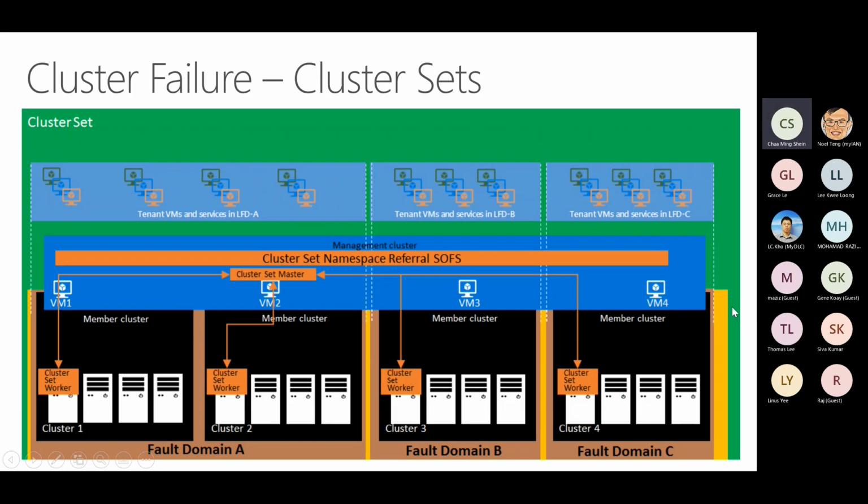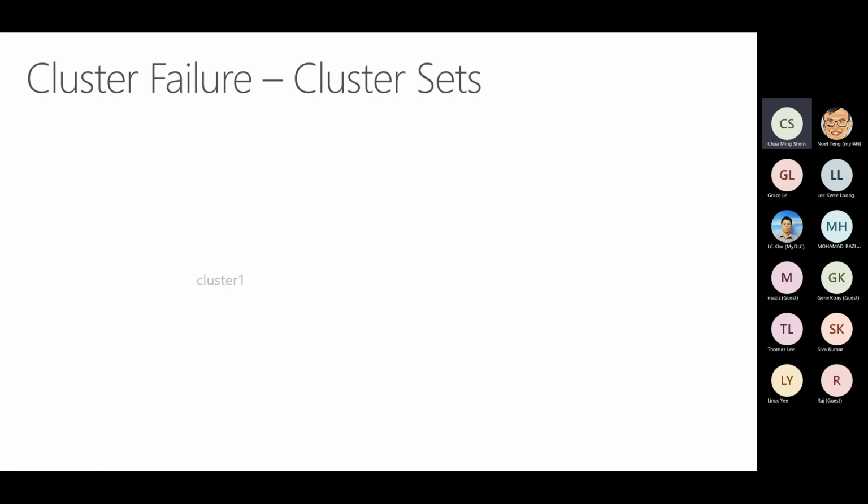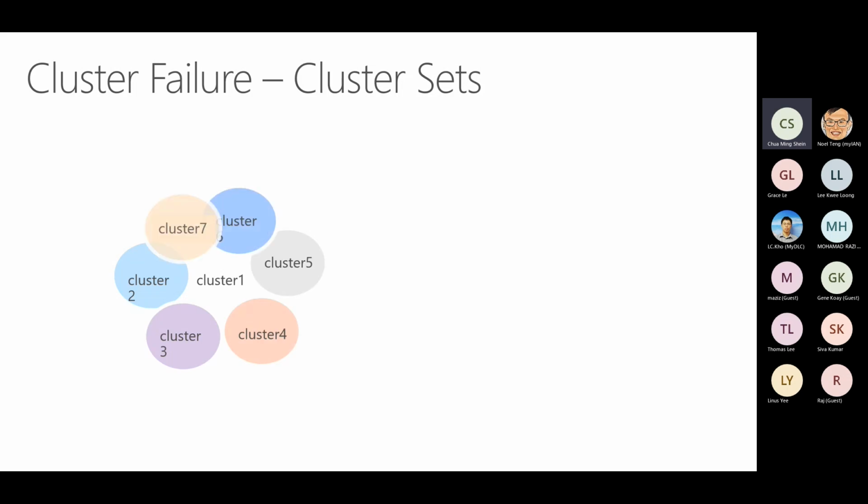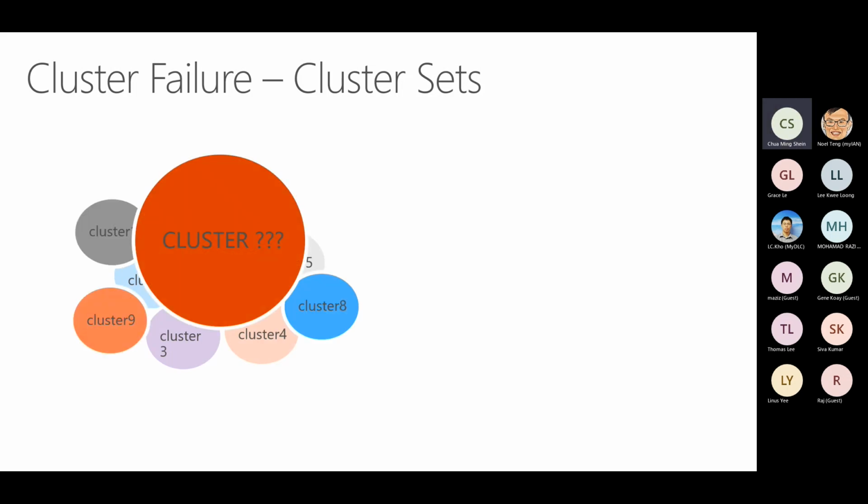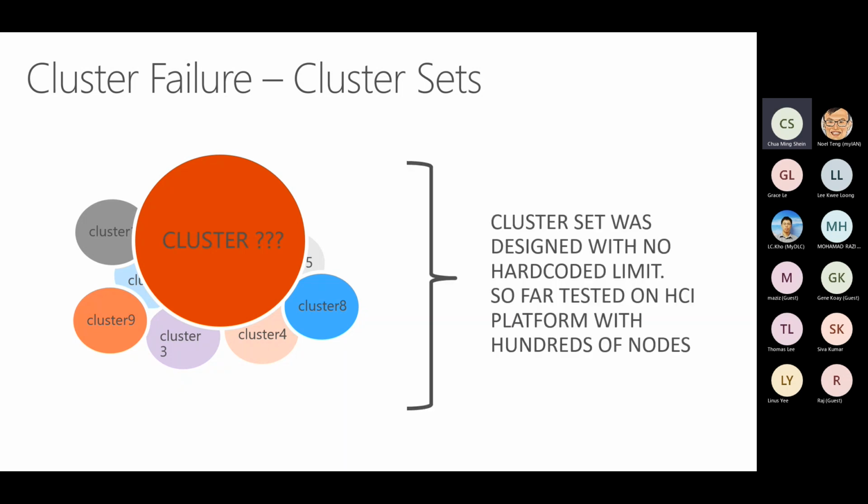So this is the concept of cluster set. I have 1 cluster, then 2 clusters, 3 clusters, combining a lot of clusters. As for how many clusters we can combine together, Microsoft didn't set a limit, but so far they tested on the HCI platform with 100 nodes, no problem.